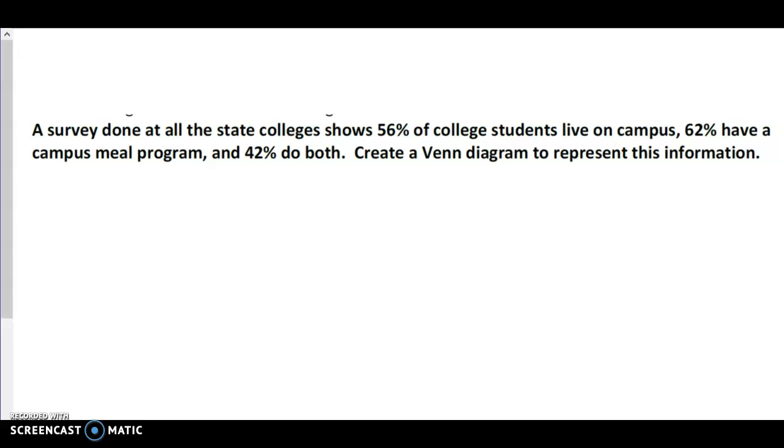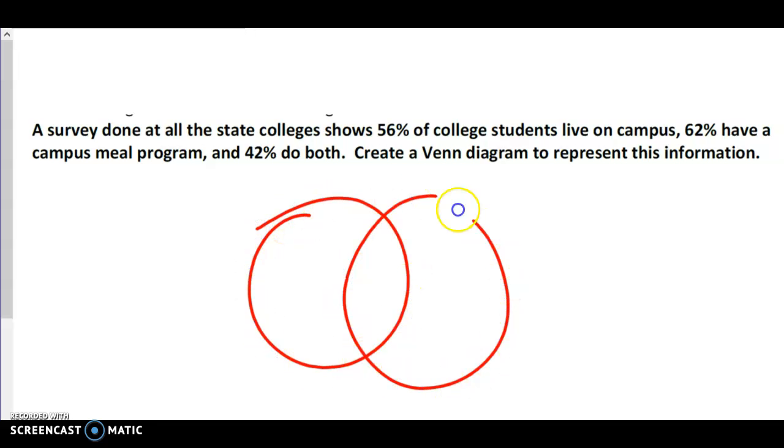So for the Venn diagram, basically the typical one is 2 rings that cross each other, right? For this one, we can name the first circle on campus, and the second circle we can call meal program.